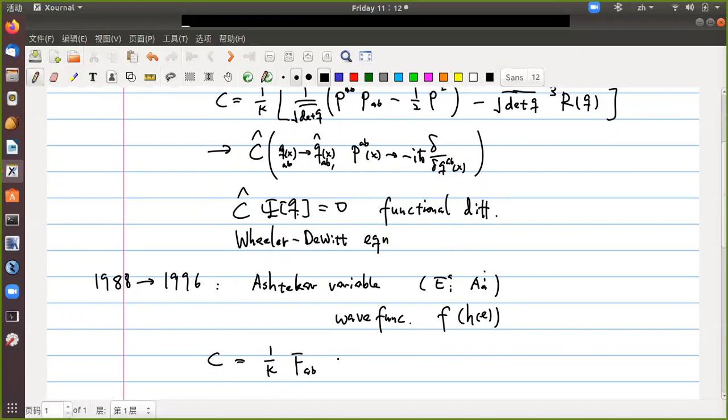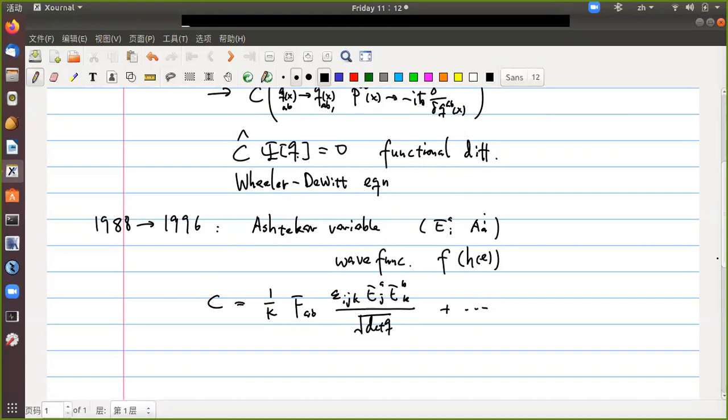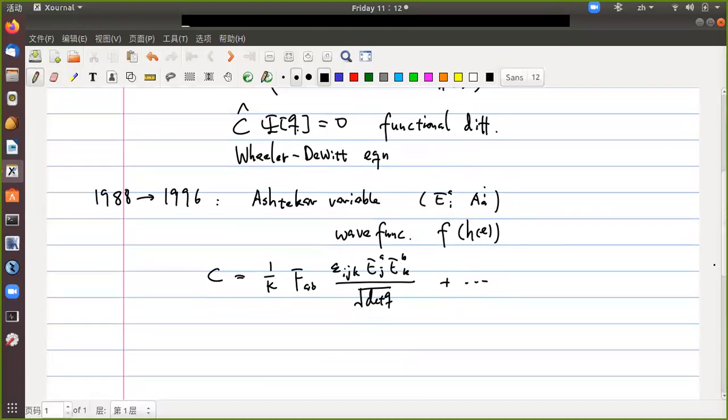The Euclidean term is usually called FEE because it's written as F E E, with a square root of Q in the denominator, plus the Lorentzian term. The Lorentzian term has extrinsic curvature and is going to be more complicated than the Euclidean term. But the first idea is still similar to the Wheeler-DeWitt idea.